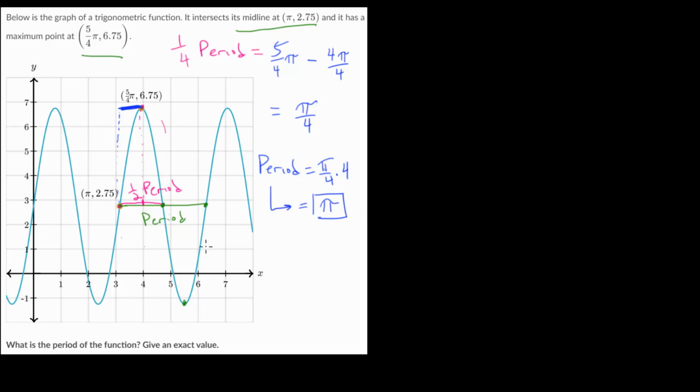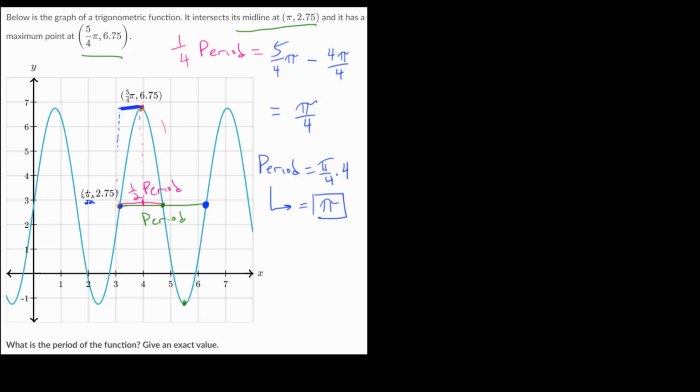And one way to verify this is that we can look at this value of our midline, and if we take the x value here of this midline point and we add the period to that, which is pi units, then we should get back the x value of this point here.